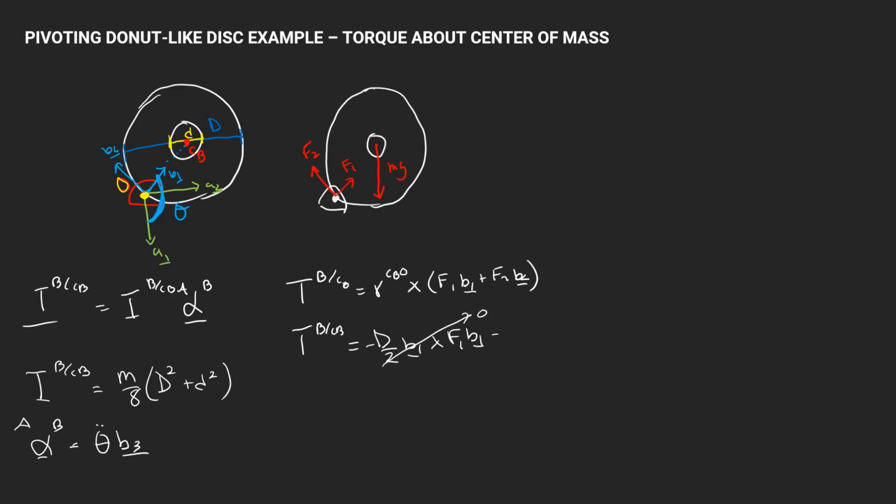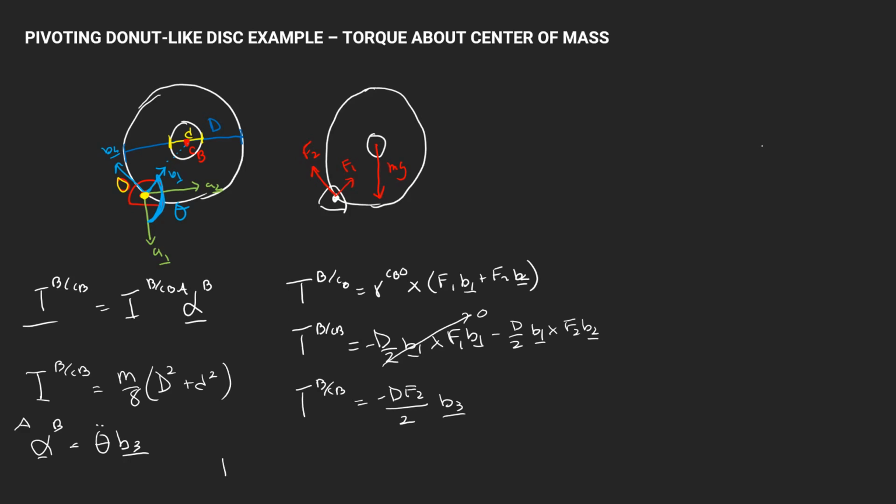And then we have minus D over 2 B1 crossed with F2 B2. So that gives us the torque equal to negative D F2 over 2 B3.